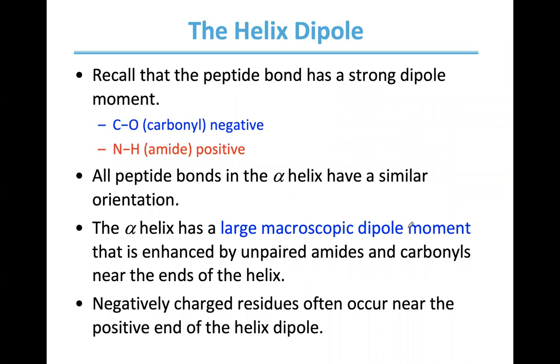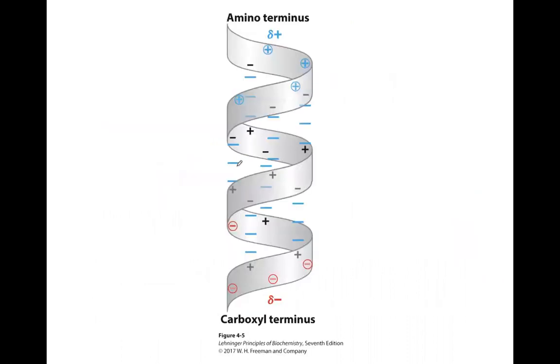And the last factor which affects the stability of the alpha helix is what's known as a large macroscopic dipole moment. This results from the fact that at the amino terminus you have NH3+, and at the carboxyl terminus you have carboxylate, COO-.